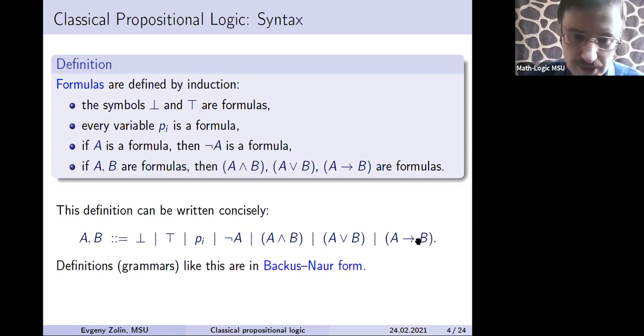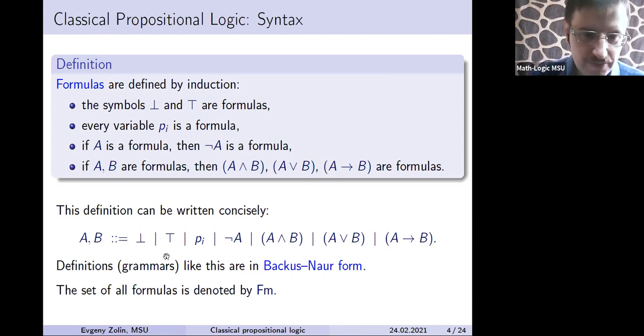This form is called Backus-Naur form, a representation of a grammar in a normal, compact form. It is read as: if you have A and B already formulas, then you can build true, false, variable, and here you also use A and B as meta variables for arbitrary formulas.